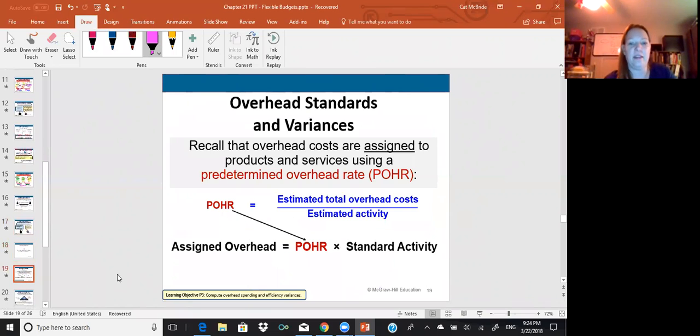Overhead works exactly the same way. Here's the overhead rate. We did this at the very beginning of the class, remember? Remember that the overhead rate is based on an estimate.